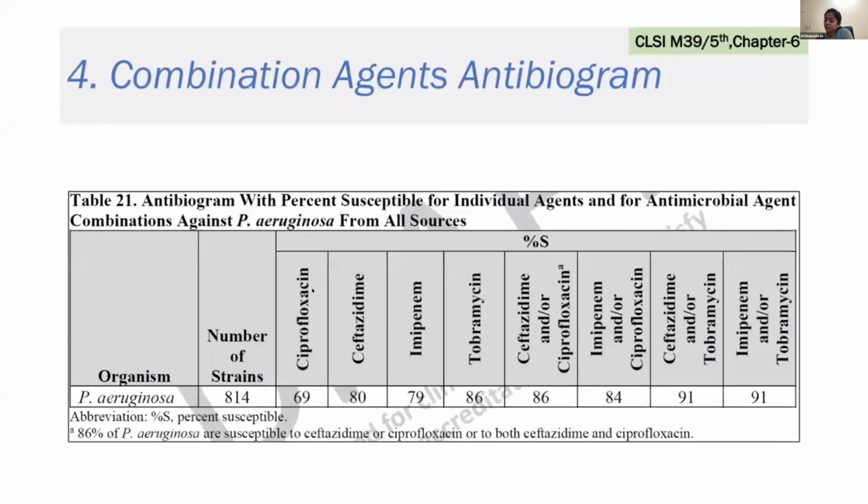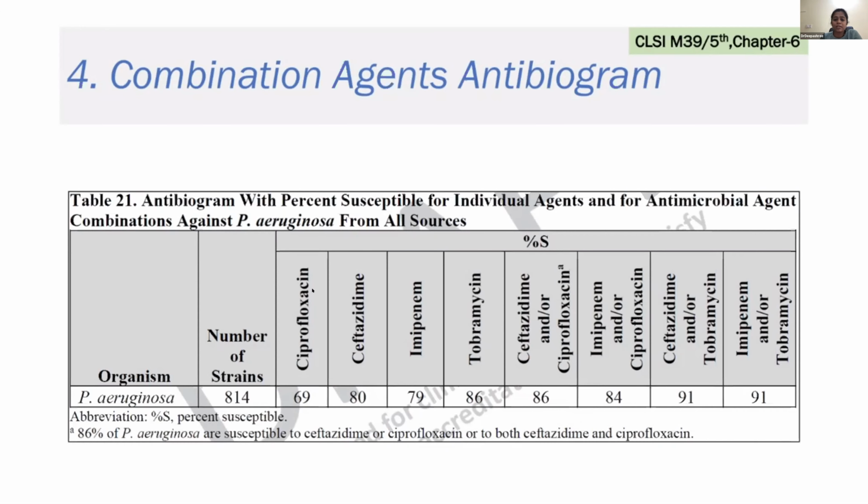So this is another table which is very, very important. This is the combination agents antibiogram. Whenever we go to the bedside, we see that especially when they choose empirical therapy in systemic infection in the ICU setting, they give double gram negative coverage. They tend to combine amikacin with cefoperazone sulbactam or amikacin with piperacillin tazobactam.